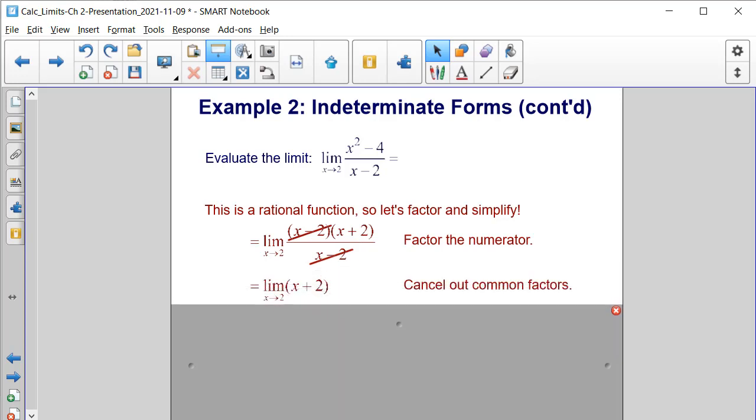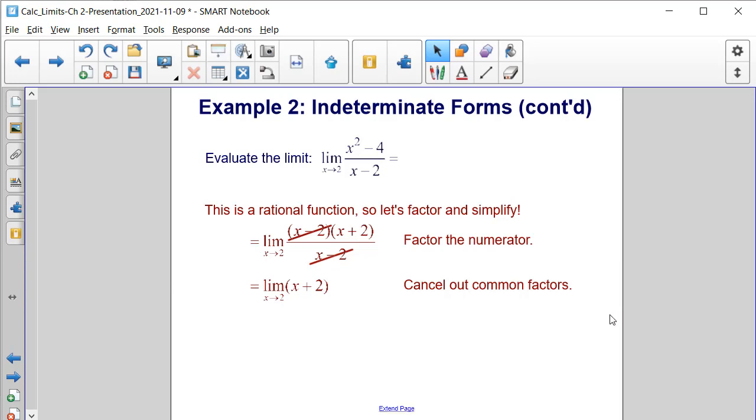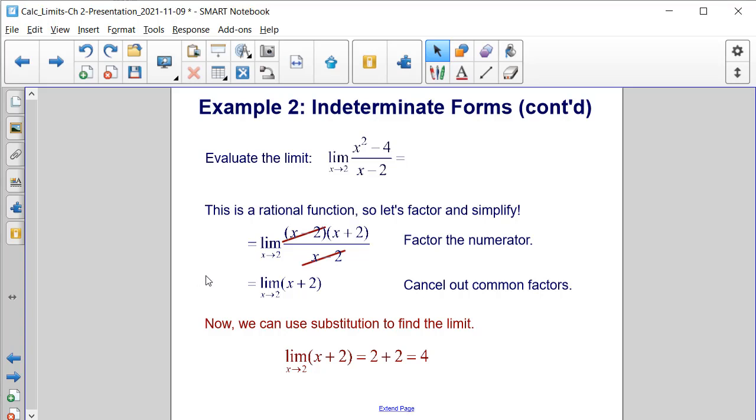And then we have the limit of x plus 2 as x approaches 2. Now we can use substitution to find the limit. So we can substitute 2 in for x in the resulting expression that we have here. So the limit of x plus 2 as x approaches 2 is equal to 2 plus 2, which equals 4.